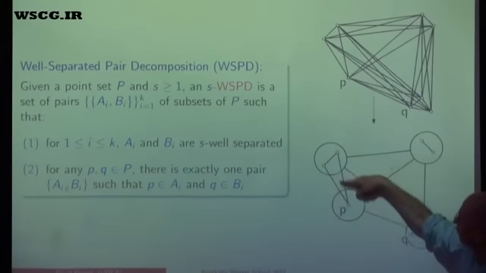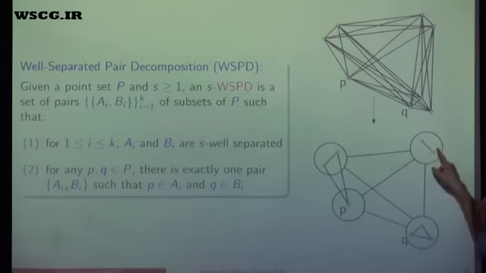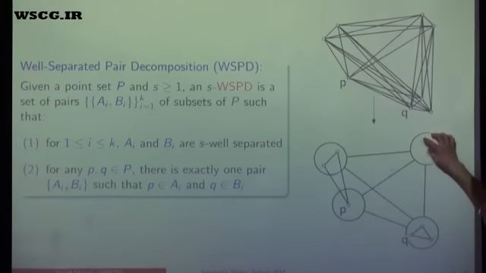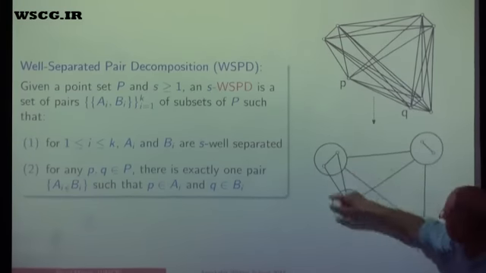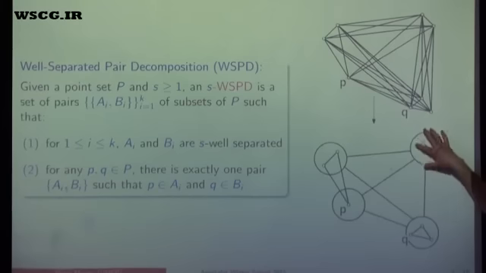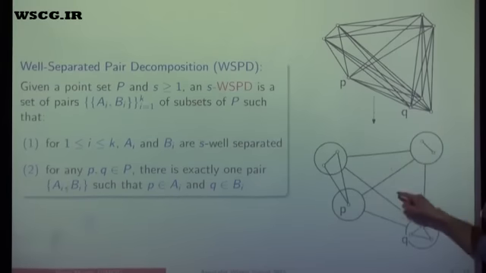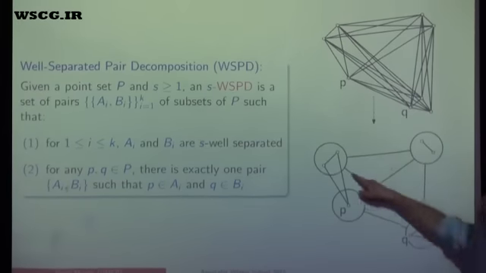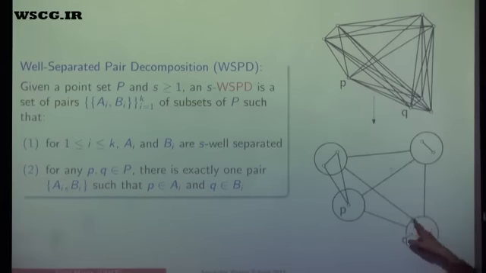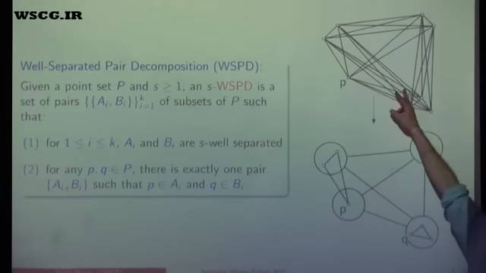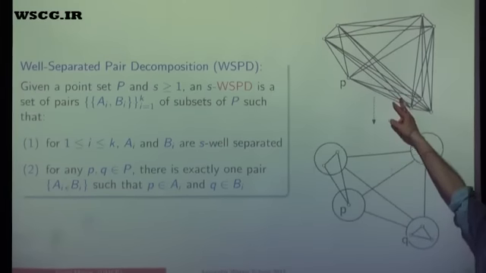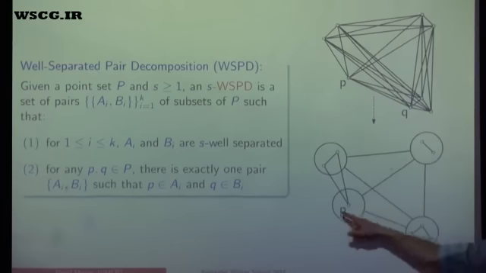By the way, individual points are always well separated. This represents a well-separated pair between these two and these two. This line here, a well-separated pair between this set and this one point here. This line here, a well-separated pair between this guy and this guy. And if you take any edge of this graph, you will observe that that edge will be represented by some well-separated pair over here.